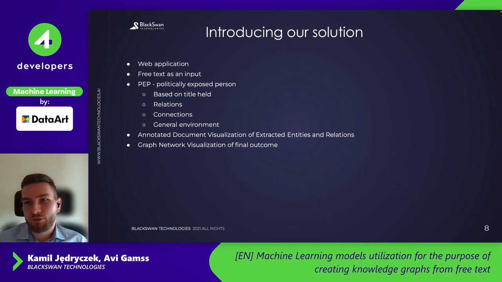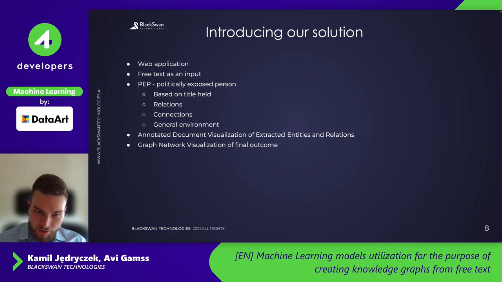We define it based on the title held. If someone held the title of president, prime minister, or others, then we treat this person as a politically exposed person. But what is more important are the relations and connections between different people, maybe their family, their spouses, but also different organizations, maybe political parties they were part of, right?